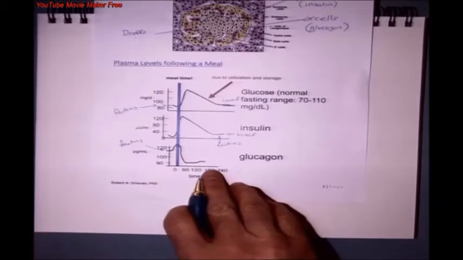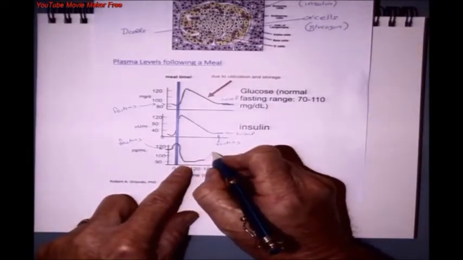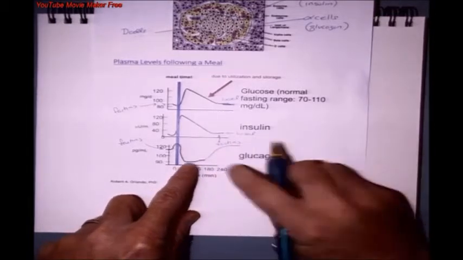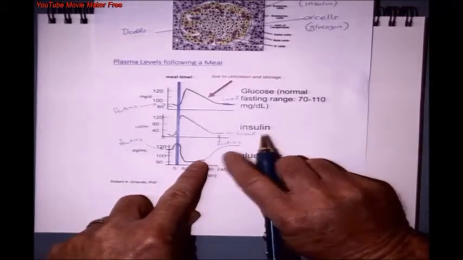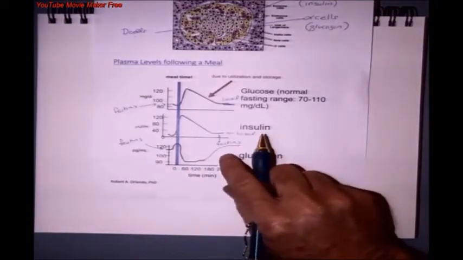Now, if we were to extend the glucagon measurement out, what you would see is this. Once we enter the fasting state, glucagon levels will come back up to their normal high levels.